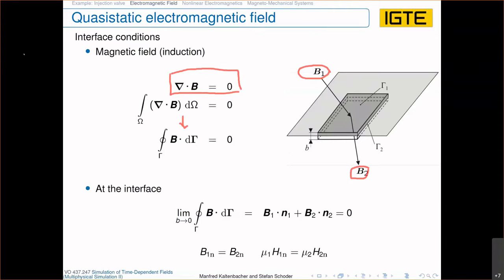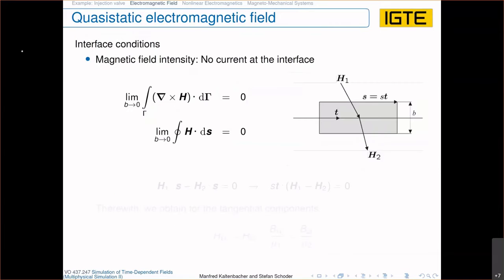Now, we are also interested in the tangential component of B or the tangential component of H. For this, we use Maxwell's equation in integral form, the first Maxwell equation, which comes from Ampere's law.